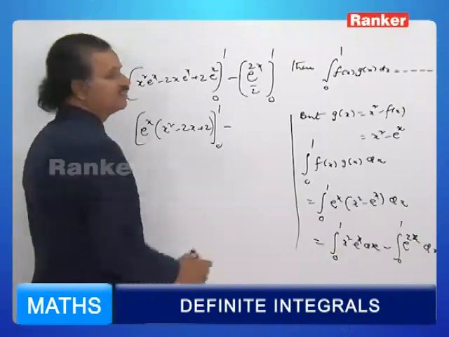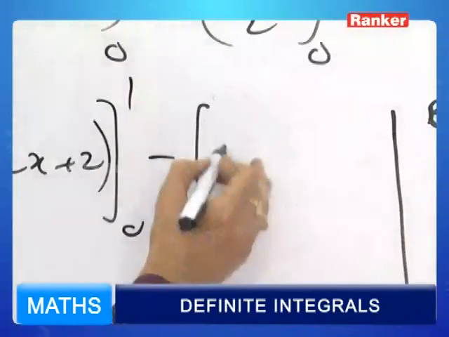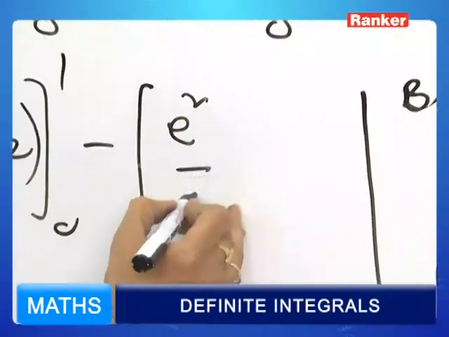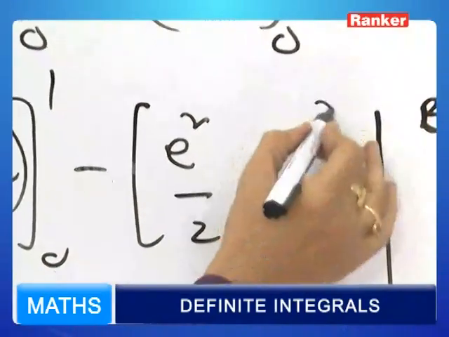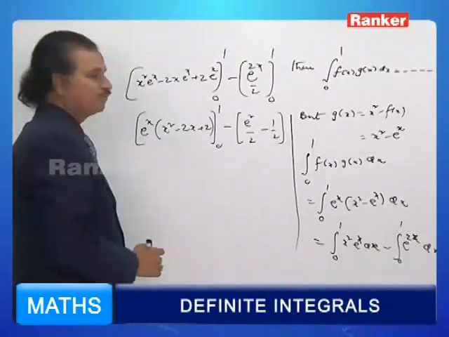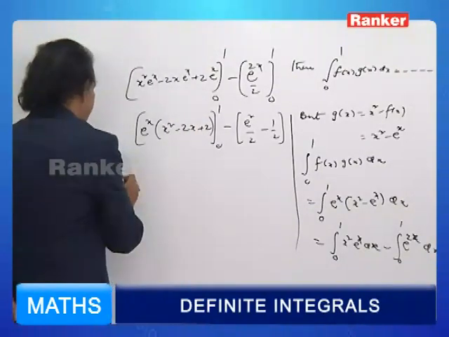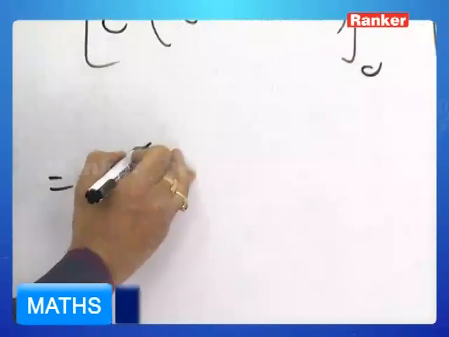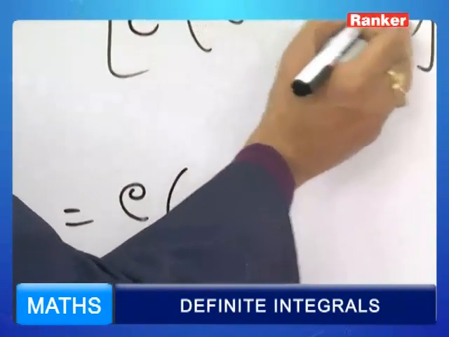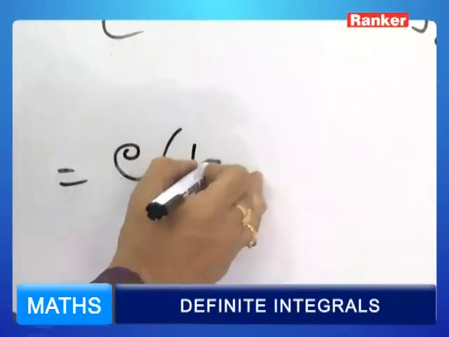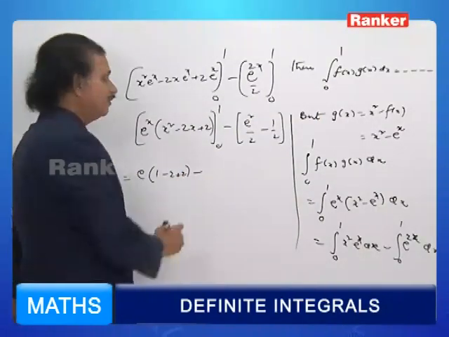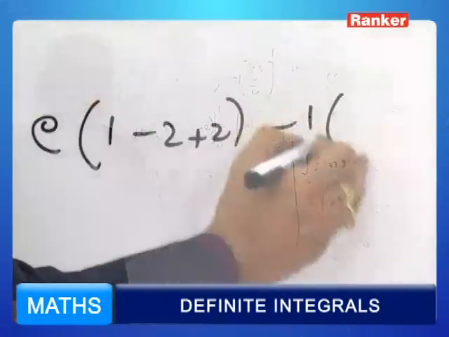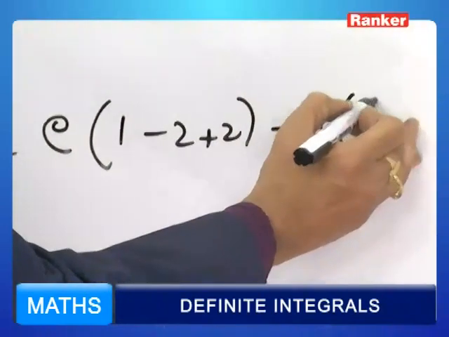Minus, you substitute 1 in the beginning, e square by 2 you have. Substitute 0, e power 0 is 1 by 2. Substitute 1 here in the beginning, e into 1 minus 2 plus 2. Minus, substitute 0, e power 0 is 1, 0, 0, 2, 2.